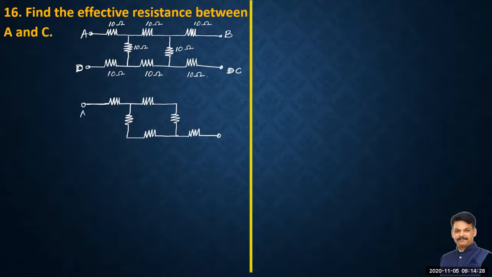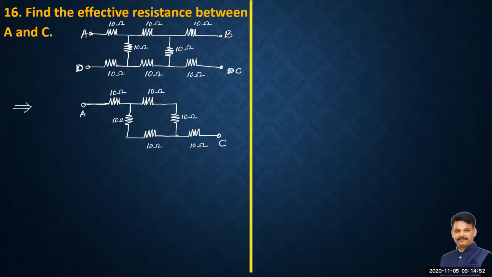This is node A, this is C, and we have many resistors in between. So I have eliminated 2 resistors which are not in the path of current from A to C. This is the next modification you have to make.